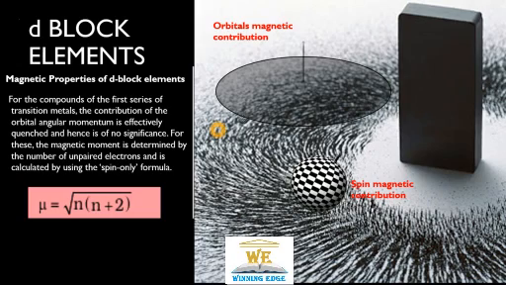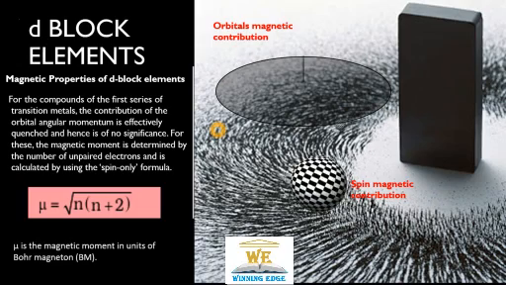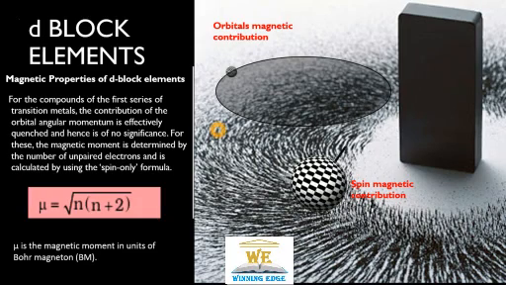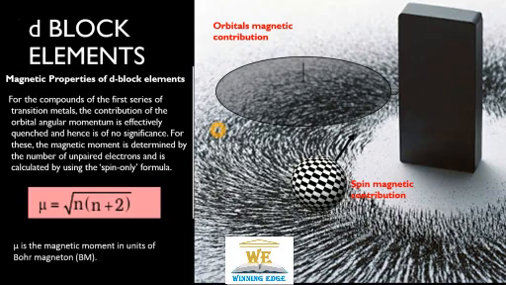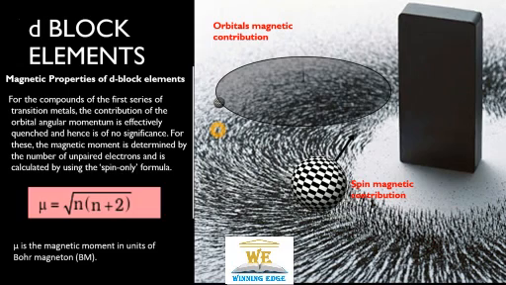That will be the magnetic moment in terms of Bohr magneton, which is a unit on the atomic scale, and its value is 9.27 times 10 to the minus 27 ampere per meter square. That is the unit for Bohr magneton.